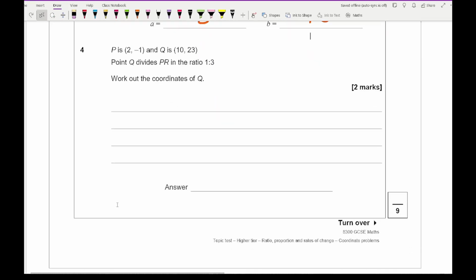Then moving on to question 4, it says P is (2, -1), Q is (10, 23). Point Q divides PR in the ratio of 1 to 3. Work out the coordinates of Q. So looking at this, if we look at the distance of P. Again, if you wanted to, you could do a little sketch just to get your head around what this is.